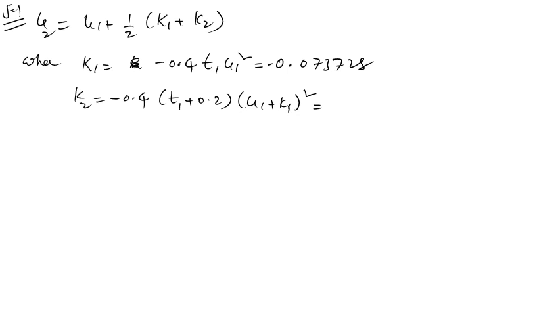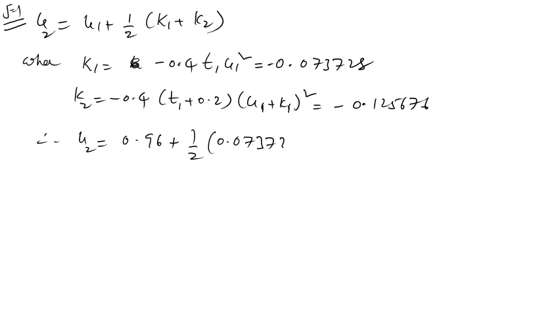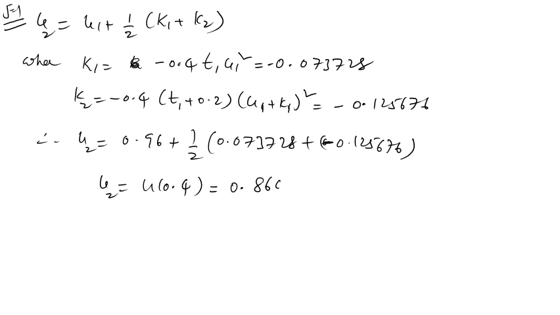Substitute all values, you know the k1 value and the u1 value. This value is minus 0.125676. Therefore u2 equals 0.96, that is u1, plus 1 by 2 (minus 0.073728 plus minus 0.125676). That is u2 equals u of 0.4, which is 0.860298. And what is the exact solution?